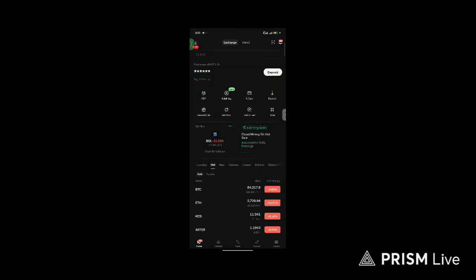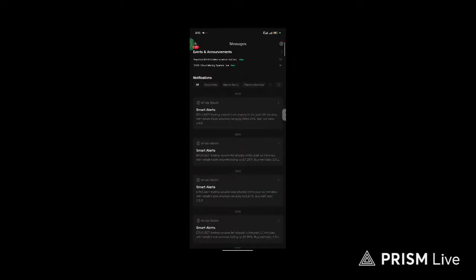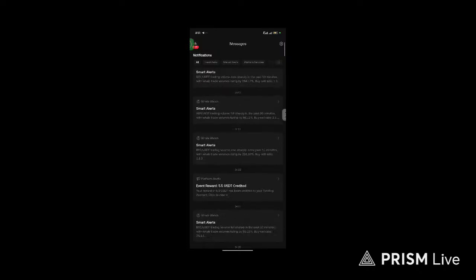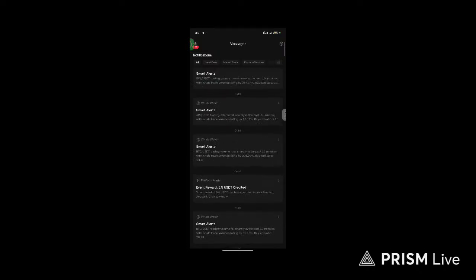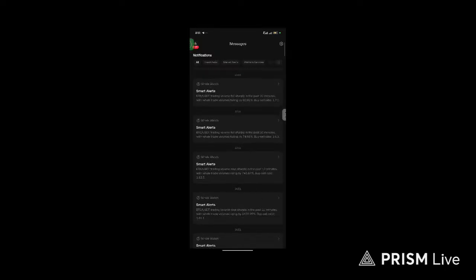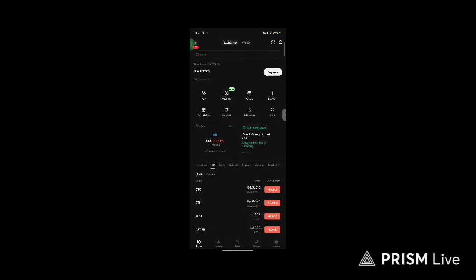You can come to notifications. BTC is shooting right now. So this is the KuCoin app. The first tab here should be your home page.